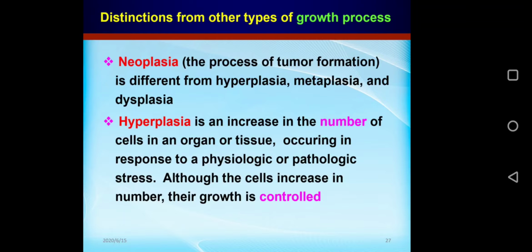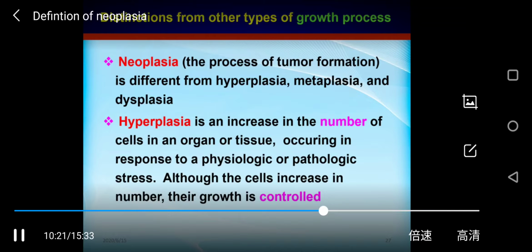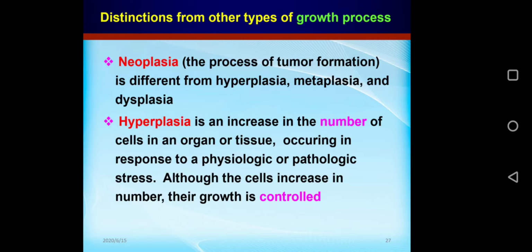Now let's learn the distinction from other types of growth processes. Neoplasia, the process of tumor formation, is different from hyperplasia, metaplasia, and dysplasia. Hyperplasia is an increase in the number of cells in an organ or tissue occurring in response to a physiological or pathologic stress. Although the cells increase in number, the growth is controlled.